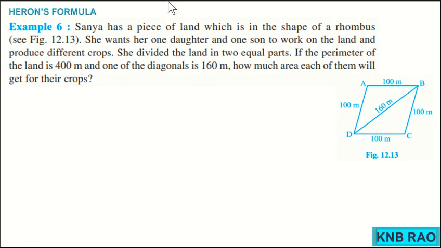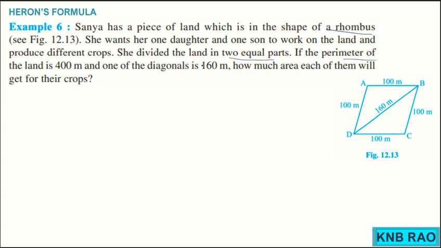Here in example number 6, Sanya has a piece of land which is in the shape of a rhombus. Here the figure is given, ABCD is a rhombus. She wants her one daughter and one son to work on the land and produce different crops. She divided the land into two equal parts.